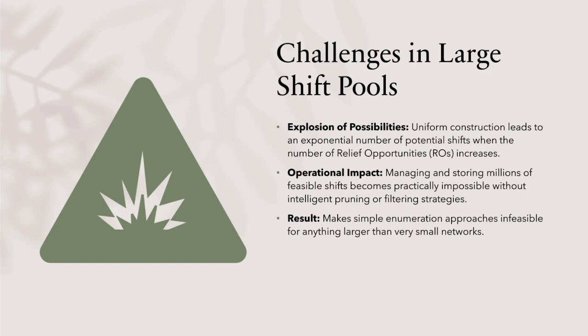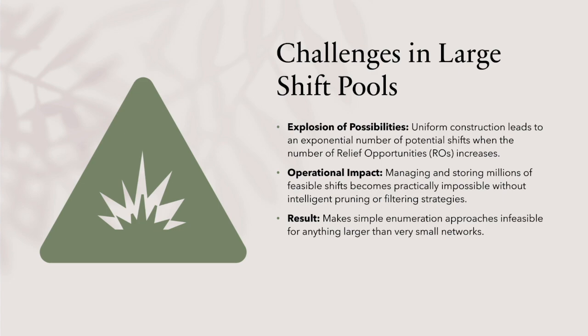Now let's look at the challenges in large shift pools. When using uniform construction, the number of feasible shifts grows explosively with the number of relief opportunities. If you have 1,000 ROs, even choosing start and end points in different combinations quickly leads to millions of possible shifts.